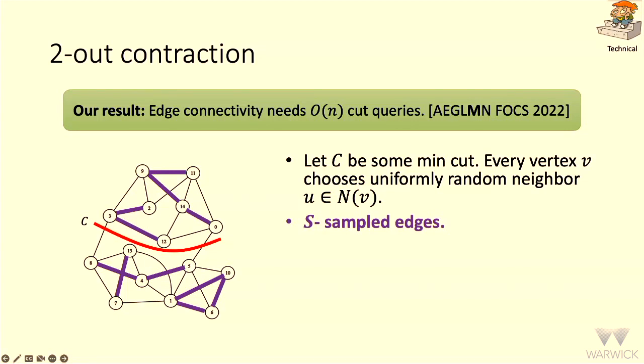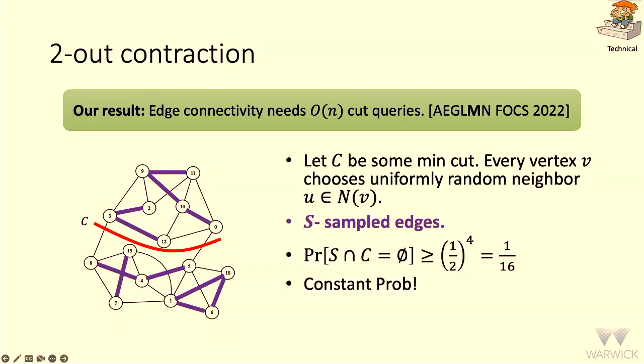Think of the edges incident on it that are crossing the min cut, and those edges which are not crossing the min cut. It's obvious that the number of edges crossing the min cut is always at most the number of edges not crossing the min cut, because otherwise you can just move the vertex to the other side and you have a smaller cut, right? So with at most half probability, for every vertex, you're going to cross the min cut.